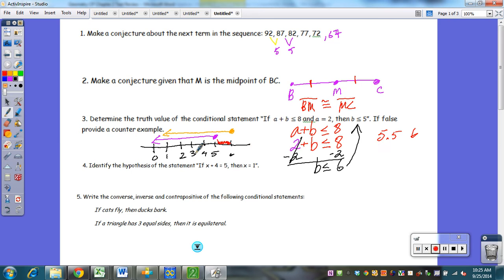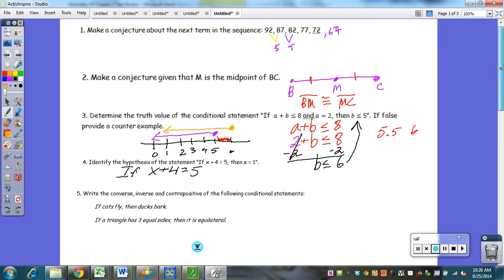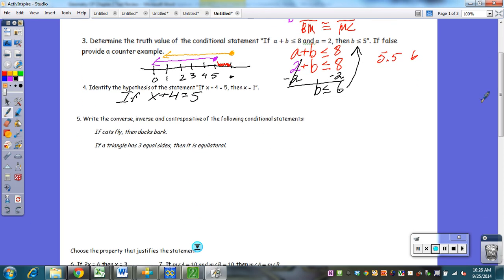Okay, so identify the hypothesis of the statement: if x plus 4 equals 5, then x equals 1. The hypothesis, of course, is if x plus 4 equals 5. Now, I am not going to write the converse, inverse, and contrapositive of the conditional statements. I think that we're okay there.